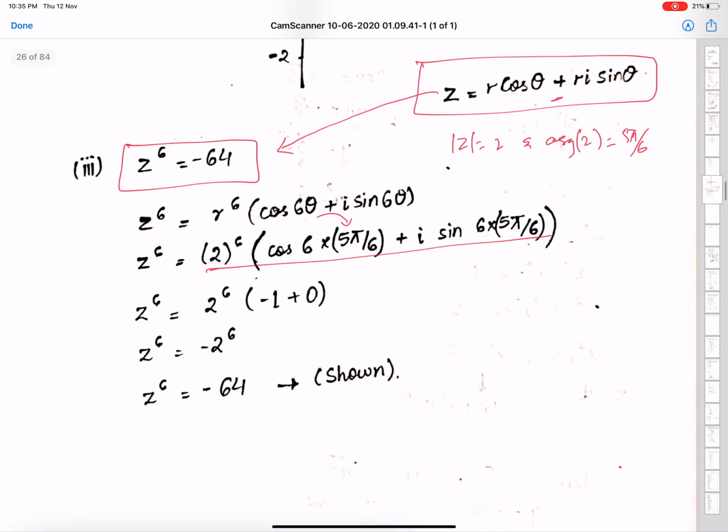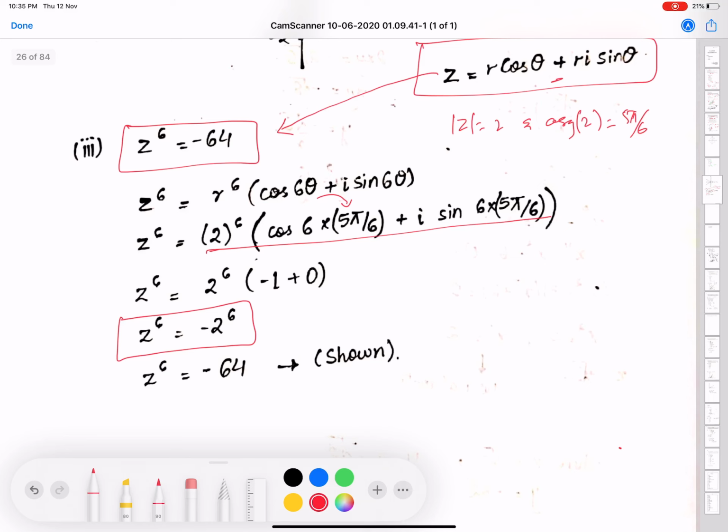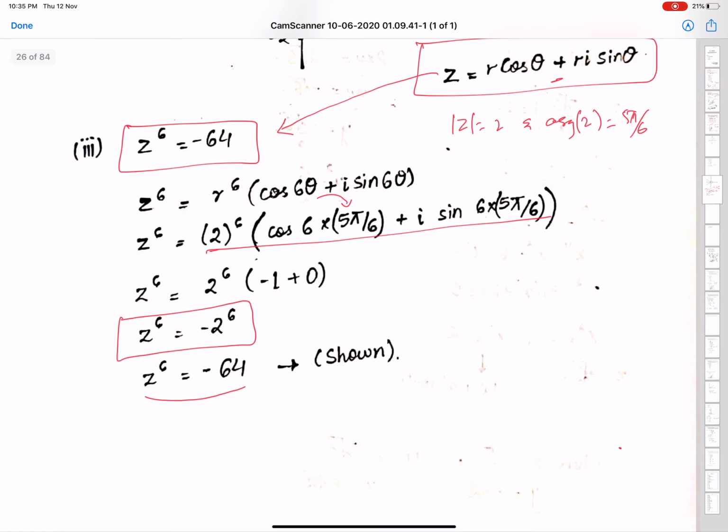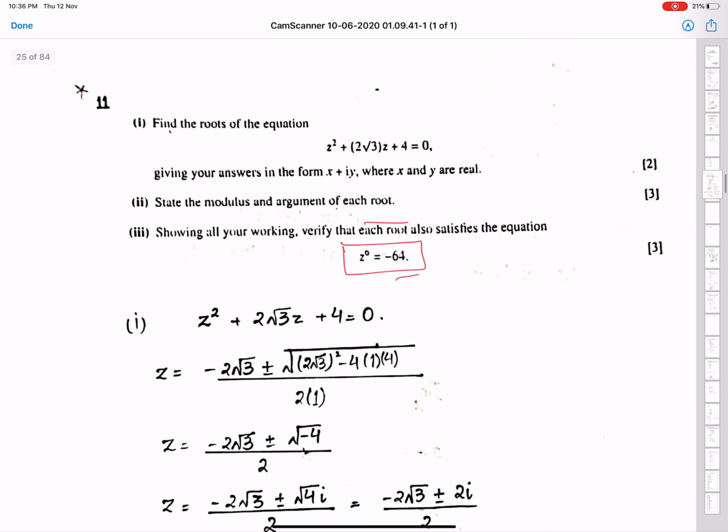I'm not going to discuss this in detail now. Well, this is z power 6, 2 power 6, and therefore z power 6 is minus 64. So we have shown that this root satisfies this equation.